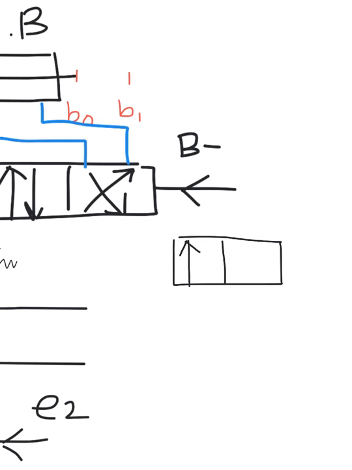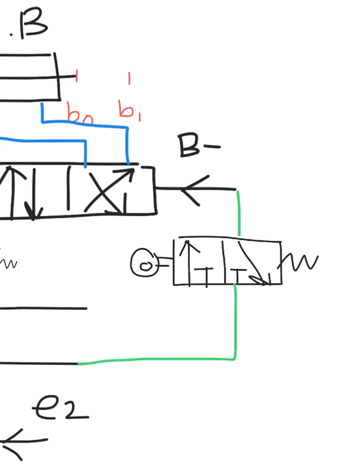It is a 3/2 way valve. You have to remember all the symbols, make sure they are correct. Again it uses a roller, and it connects B minus to G2.